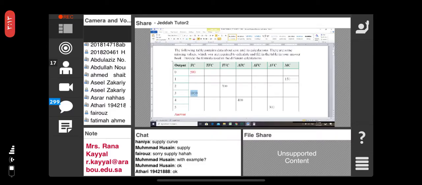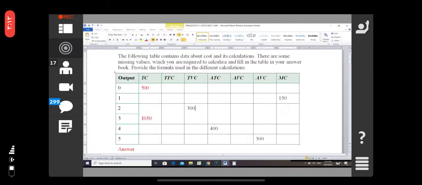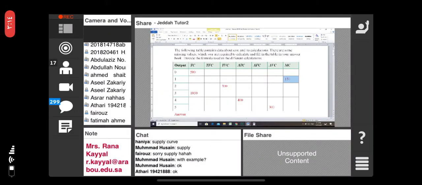I will just highlight in red, and whatever we solve will be in black.